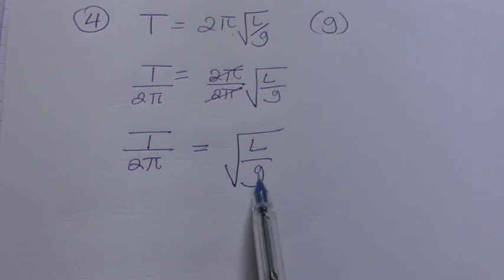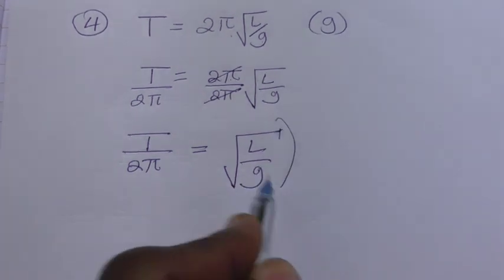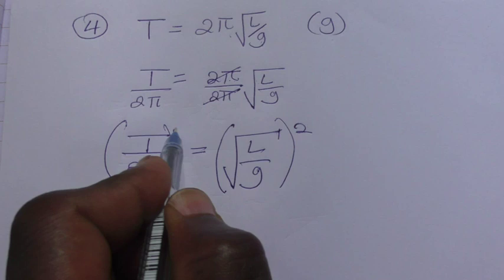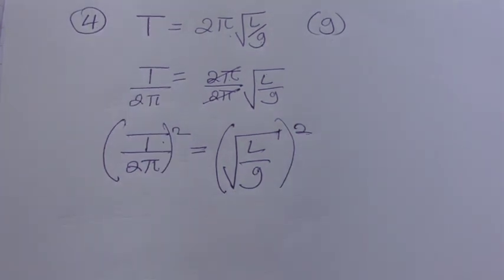For us to take something out of the root, we must first of all break the root. So the root is broken by squaring on both sides. Whatever is done on one side should be done on the other side as well.